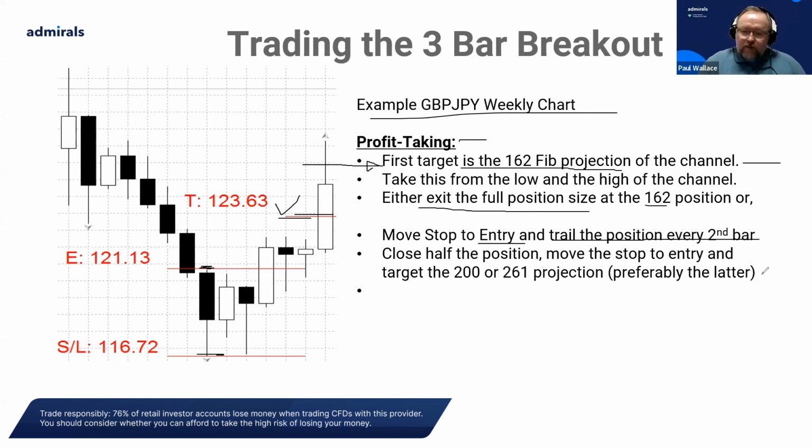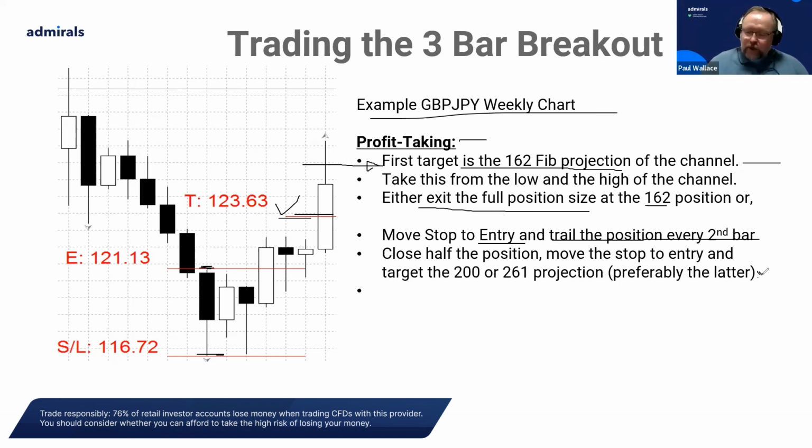What you will find is some traders like to have different ways to scale out of their positions, right? These days, I tend to be an all-in, all-out kind of guy. My position goes on, my position comes off at my target. But I do recognize that lots of traders like to scale out of the position. So if that is your style, have your initial target there, which is the 162 fib projection.